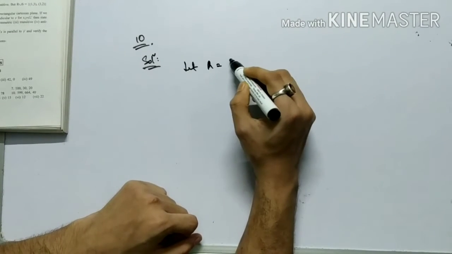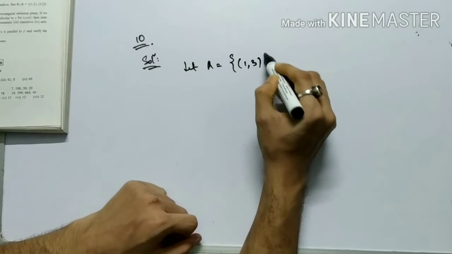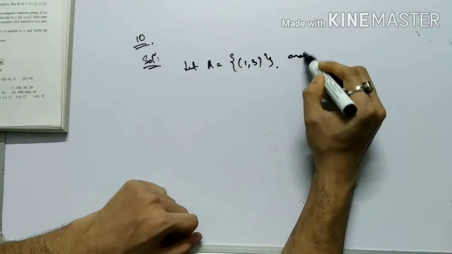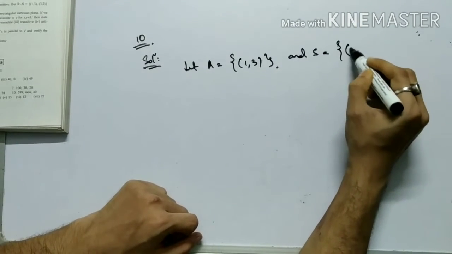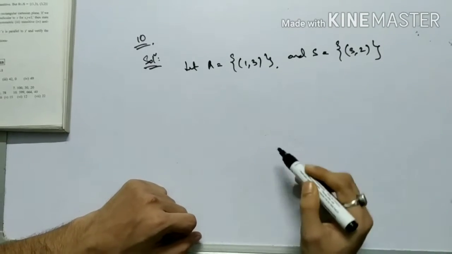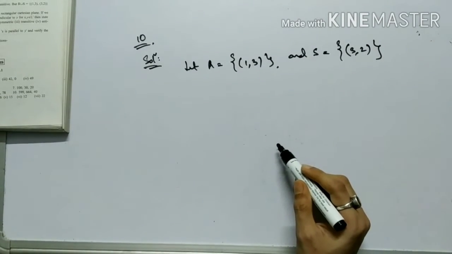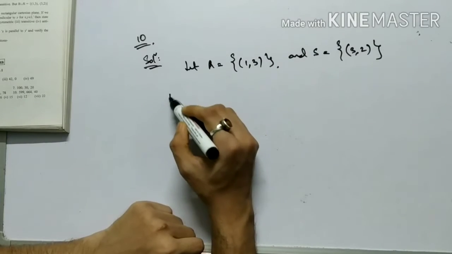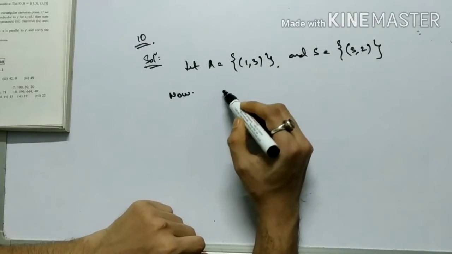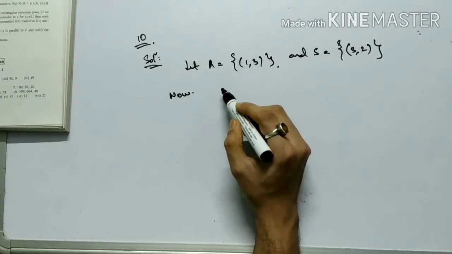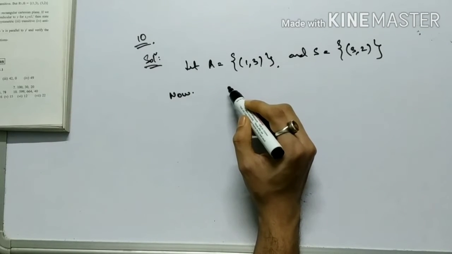Let R equals {(1, 3)} and S equals {(3, 2)}.